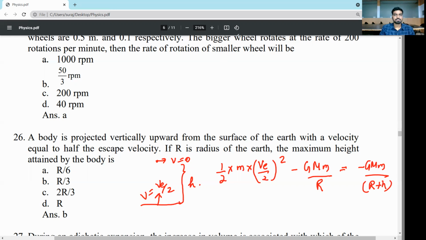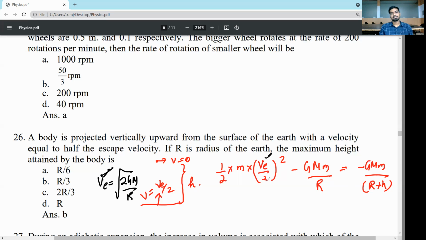I want h. We need to substitute the escape velocity formula, which is root over 2GM by R. You can substitute v_e, and everything will be in terms of GM by R. Then GMm will cancel, and R plus h will be there. With that, we can find h. We just need to substitute v_e over here.